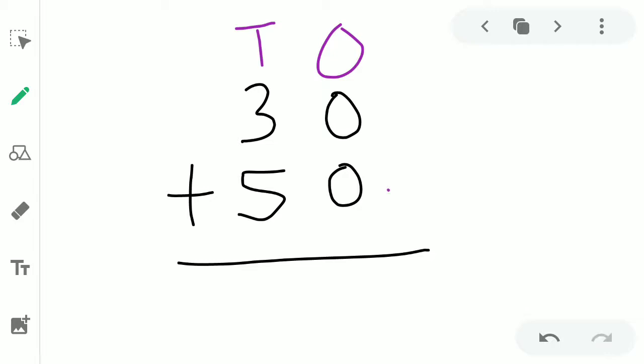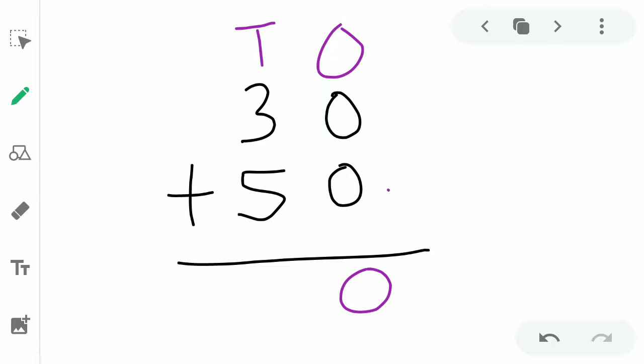Leave these digits as they are given, because no line will be drawn. So if you are not putting any line, it means the answer will be 0 only, because 0 plus 0 will always give you 0. So here we have written 0 as the answer. At the place of ones we are going to get the number 0.